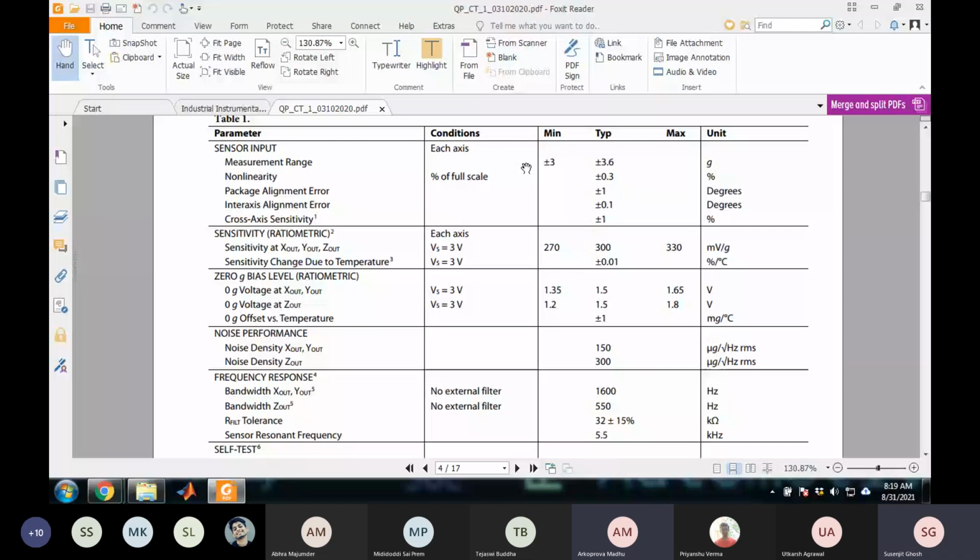No, so the first thing we have to understand is whether it is an input specification or an output specification. The sensor has two parts, one is input and another is output.